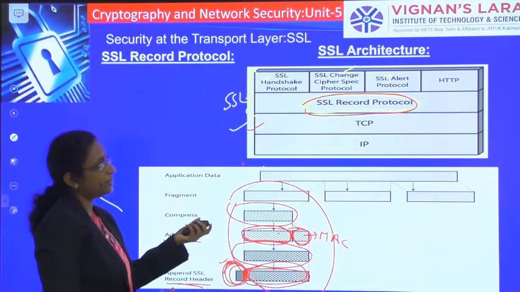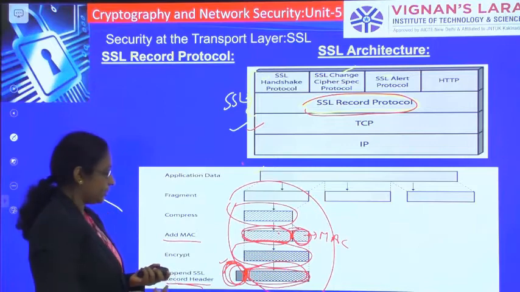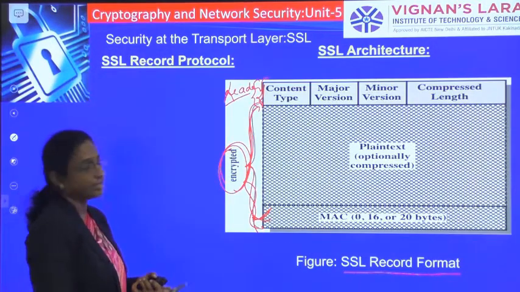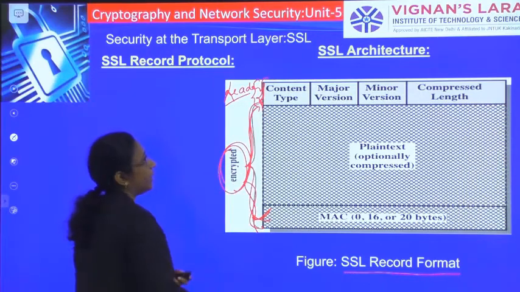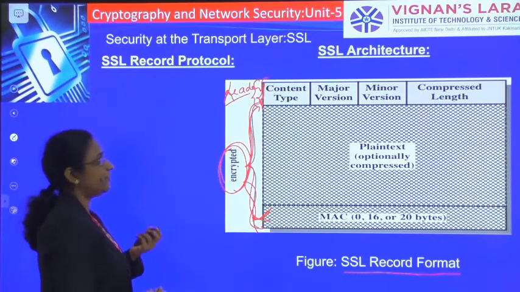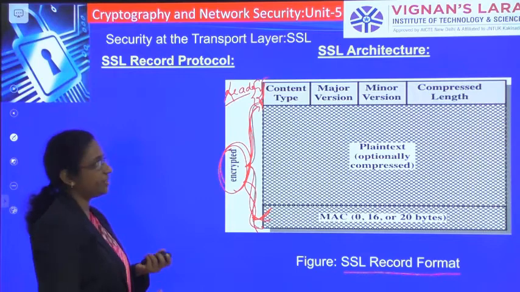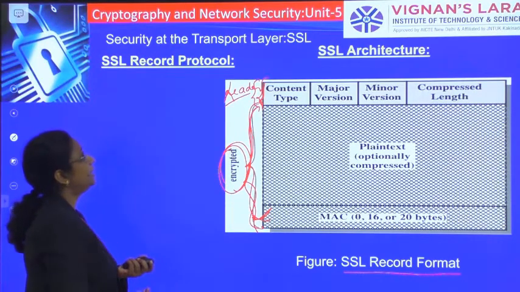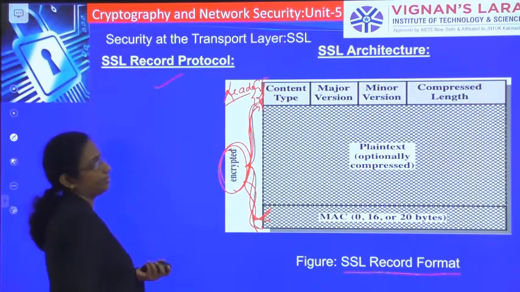So that is about the SSL record protocol. This header is the SSL header, which consists of content type, major version, minor version, and the compressed length.